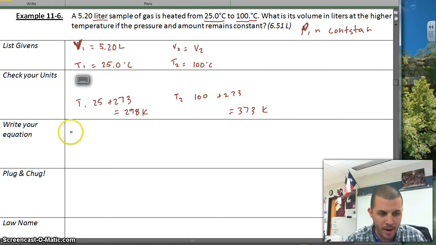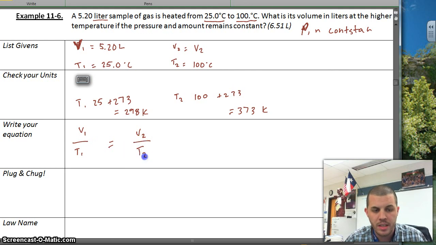Now I'm going to write my equation. I know I'm dealing with Charles' law here because it's V and T. Charles watches TV. So I've got V1 over T1 equals V2 over T2. What that means for me now is I need to just plug and chug.